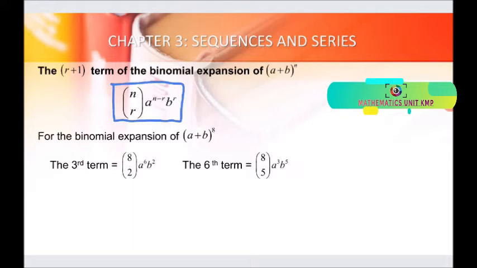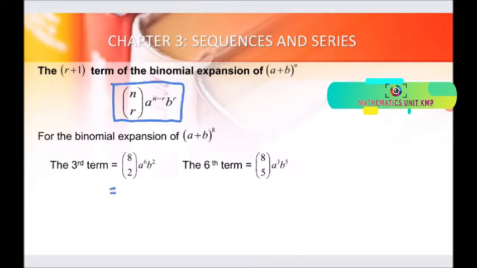For example, if we want to find the third term from the expansion, we can use the formula 8C2, a to the power of n minus r, this means 8 minus 2, and b to the power of r, that means b to the power of 2.